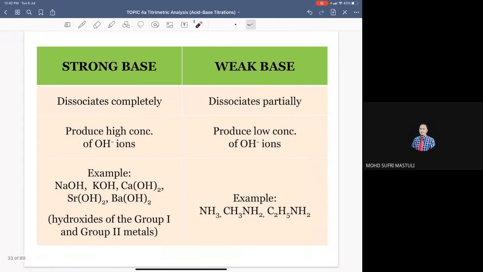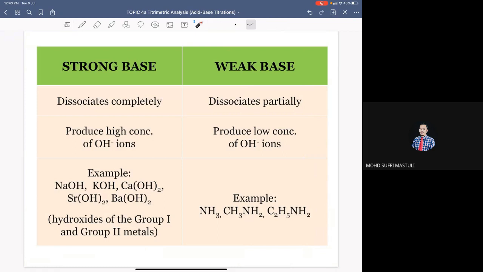Okay, all right. So just now we discussed the dissociation of strong acid and weak acid. Now we discuss a little bit on strong base and weak base. A strong base dissociates completely to produce hydroxyl ion, so it produces a higher concentration of hydroxyl ion, OH minus.